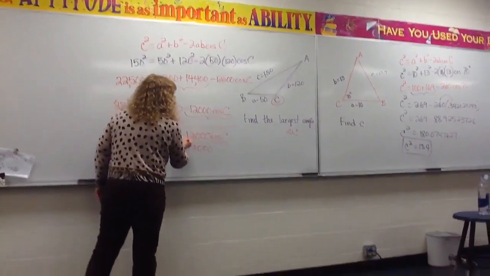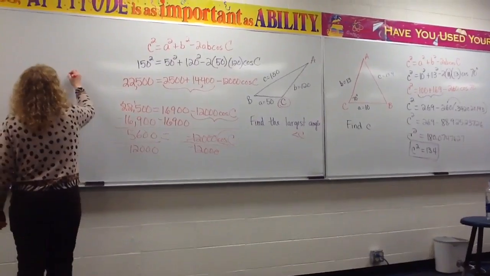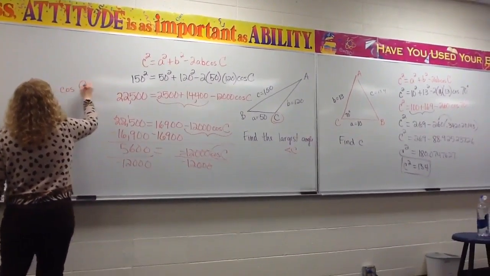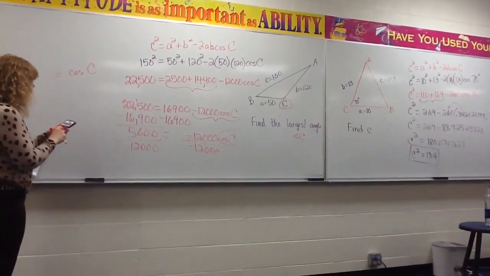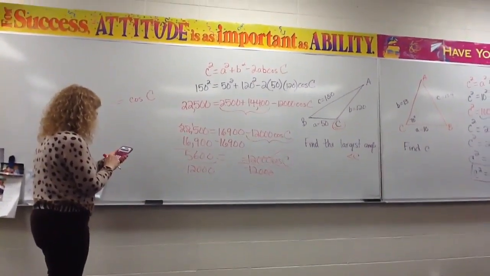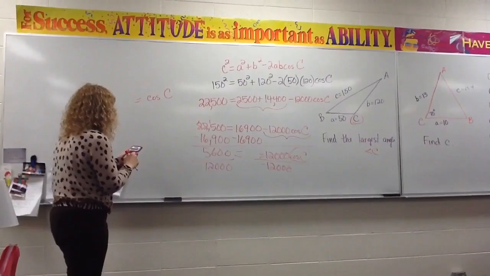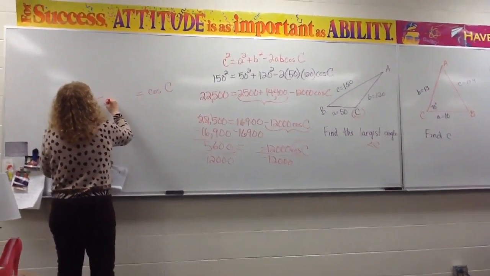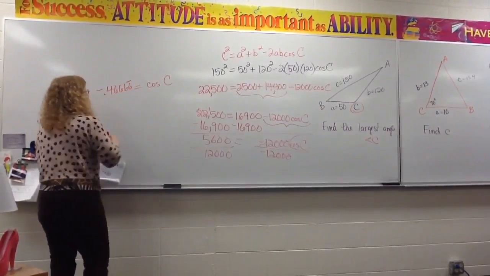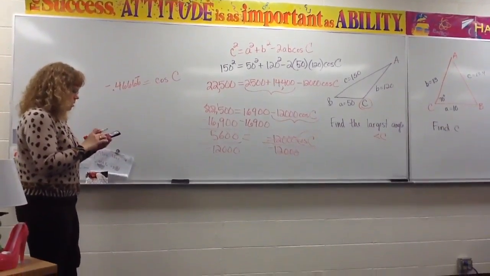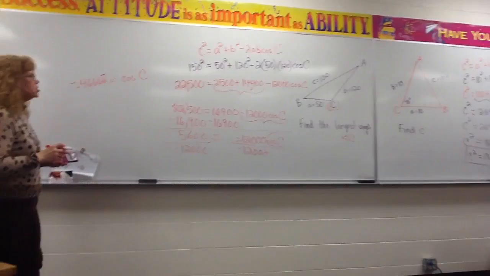So on this side, that goes away, and I just have cosine of C equals, on this side, 5,600 divided by negative 12,000. Do you get negative 0.4666 repeating forever and ever? Is that what you get?